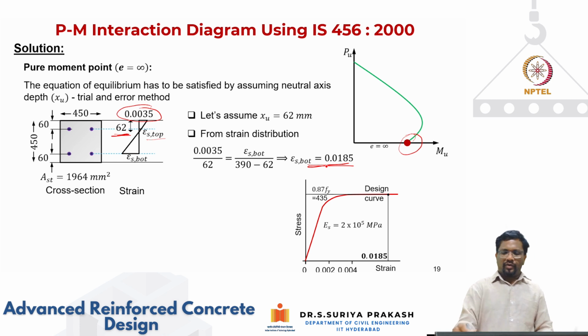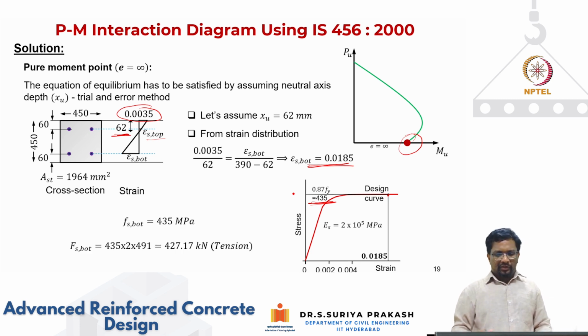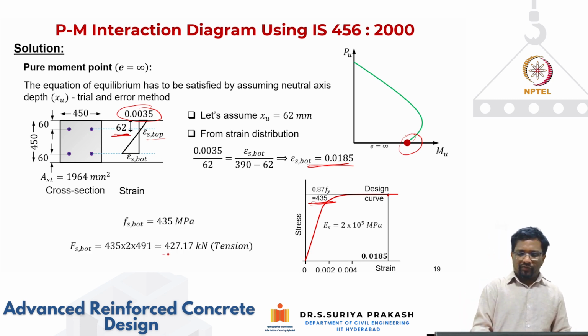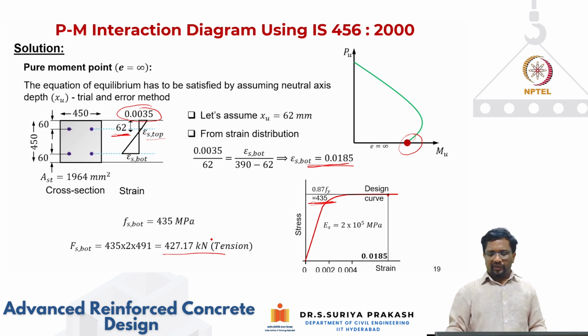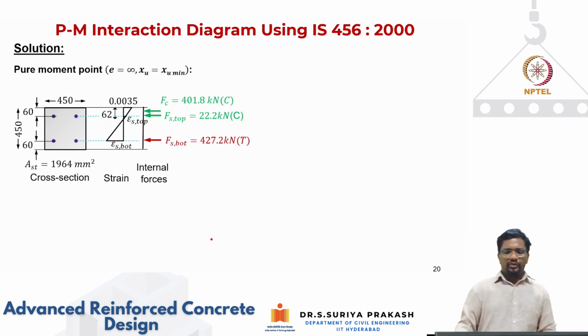And then for this strain, if I go back to your design stress-strain curve, we are somewhere here, and you get the value of 435 megapascal, which is basically 0.87 fy. If you substitute that, the bottom force is going to be 427 kilonewton. Now that we have all the forces, this is in compression.